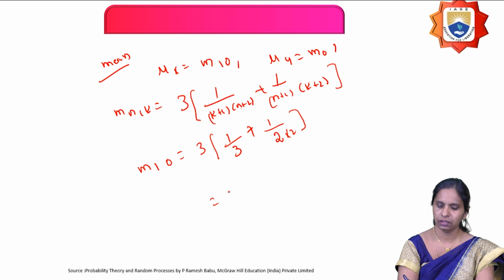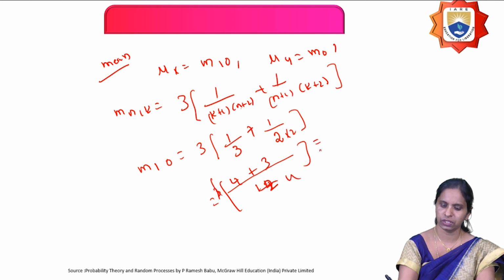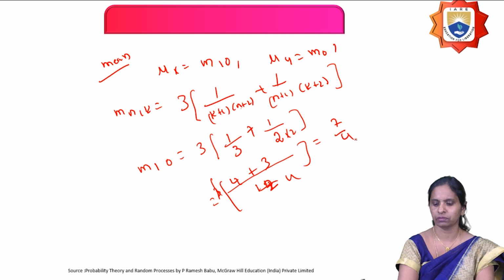So if you take the LCM, then what happens here? 3 into 4 is 12. Next you are going to get 3 into 4 plus 3, which is 7 by 4.